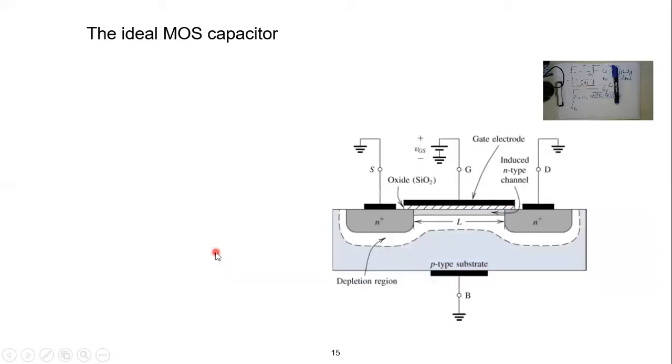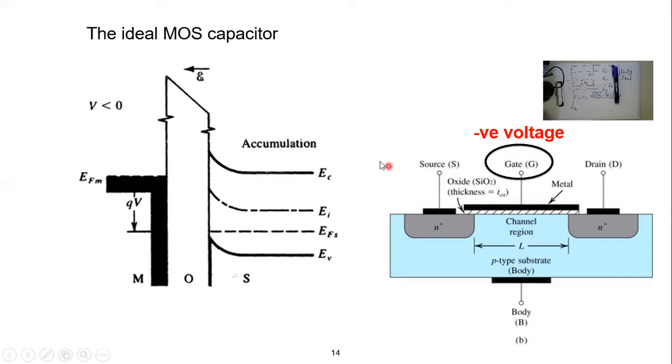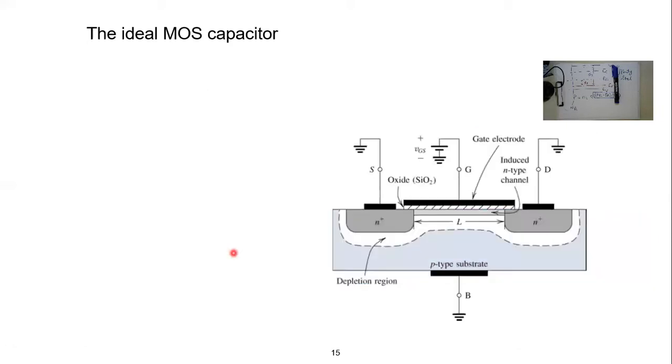That's why we call this process the accumulation process. Why do we call it the accumulation process? Because in this process, holes accumulate in the electric field region, as you can see.